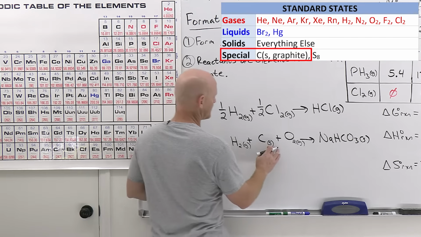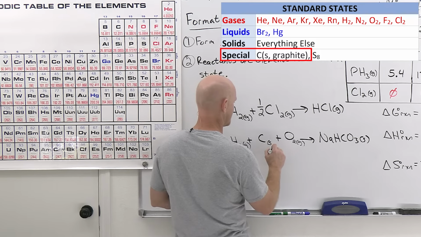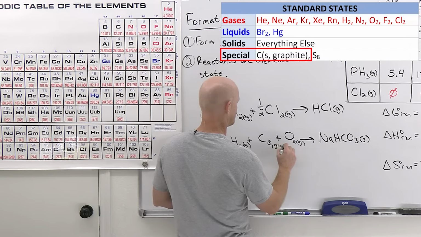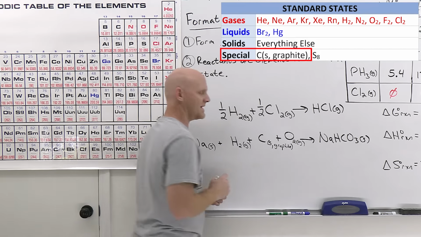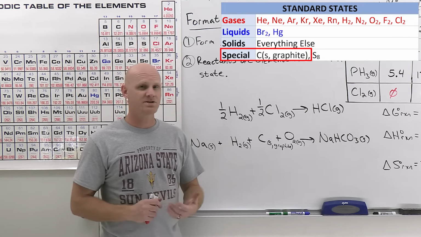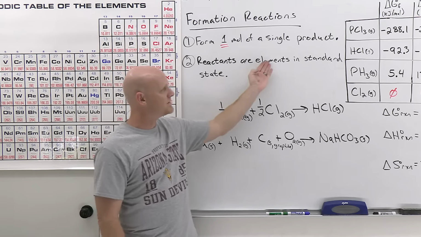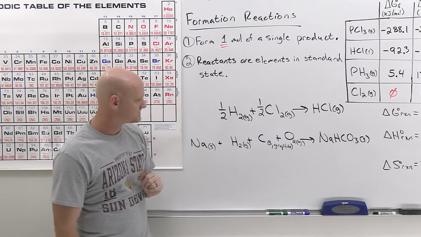And so as a result, it's not just enough to put solid, you've got to tell me which kind of solid carbon. In this case, we'll put solid graphite. If it says solid diamond, it's not going to be considered a formation reaction at that point because diamond is not the standard state, and the reactants have to be elements in their standard states.